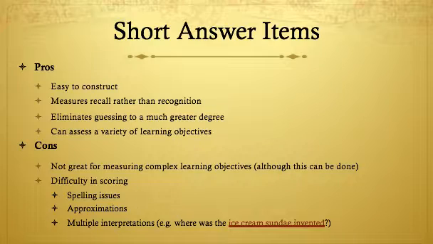The cons are that they're not so great for measuring complex learning objectives, although you can structure it this way, as you can with multiple choice and matching and things like that. It just takes a little more thought, and there's more problems that come up with it. In other words, if I want to see how students have organized things in their head, I really need to go with an essay and not really provide them a lot of structure. And when we talk about assessing critical thinking, I'm typically limited in my ability with these first 4 formats that we've talked about, short answer, multiple choice, matching, and true false, at assessing how things are structured in their head.